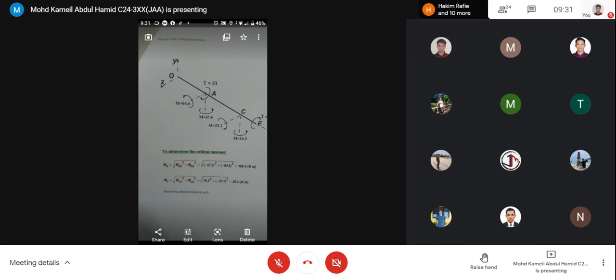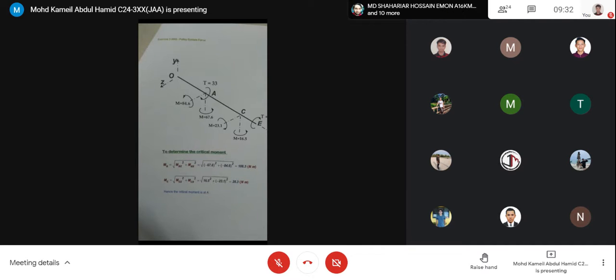Okay, so this is soalan nombor 3 lah. Find the critical moment, a long bar. Okay, the bending moment. Bending moment ni kira stress lah, maknanya bending stress. Okay, bending stress is at point A. Okay, 108.3.